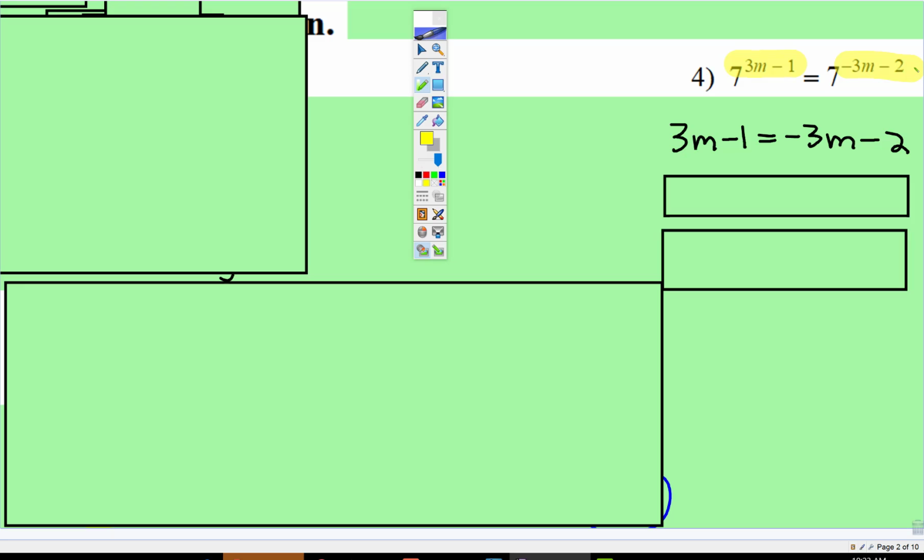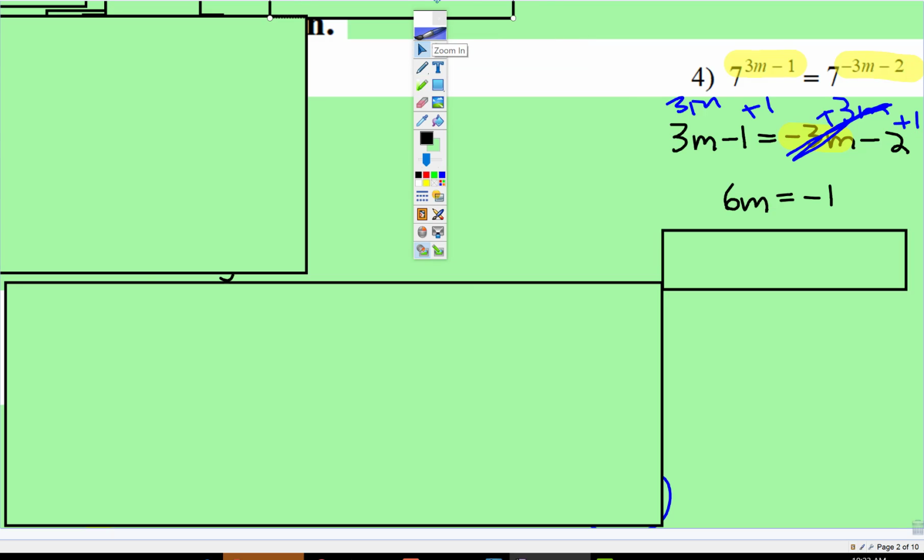All right, so because this is negative, I'm going to add 3m to both sides. And since I'm getting rid of the m's on this side, I'll go ahead and add positive 1 to both sides. So then we have 6m, negative 2, well, that cancels.